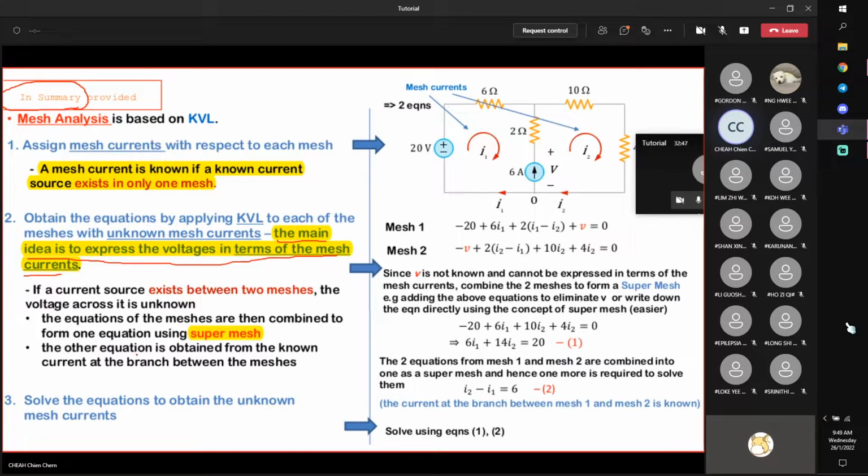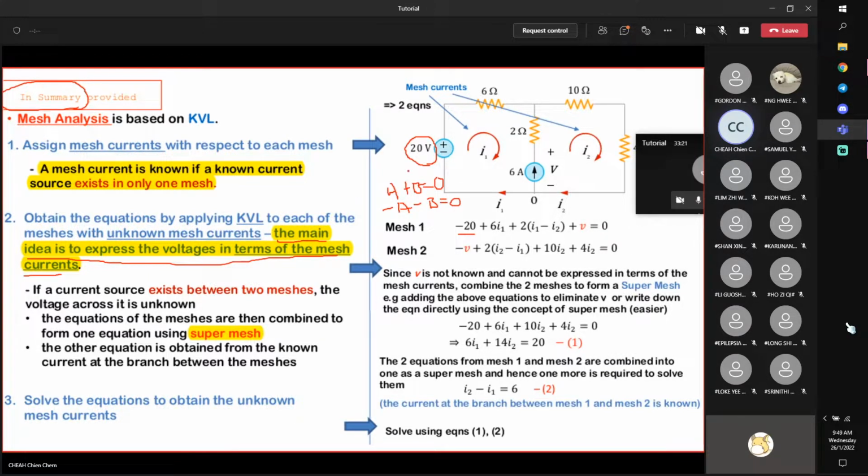Sometimes when you apply Kirchhoff voltage law, if you have a voltage source, this is okay, because you just write, for example, here there's an increase in voltage, you can either write positive 20 or you can write the other way around, it's okay. Because A plus B equal to 0 is the same as negative A minus B equal to 0.